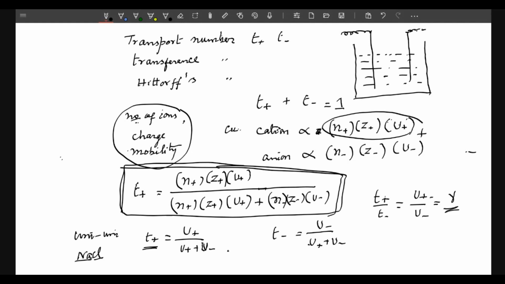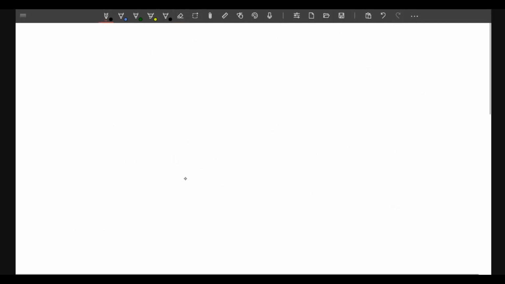And if the R is given, it is possible to calculate the T plus. It is possible to calculate the T minus, if the ratio of the speeds of the cations and anions is given. How is it possible? We are going to see this. T plus is equal to U plus by U plus plus U minus.